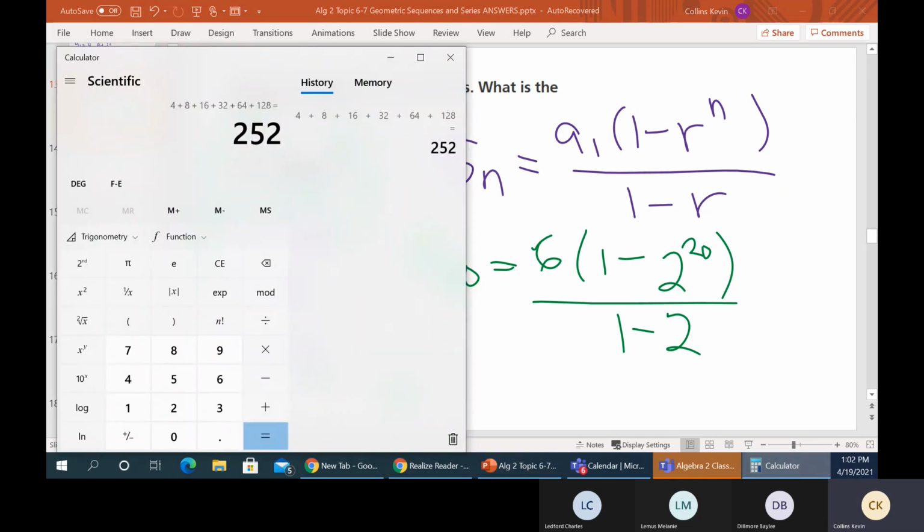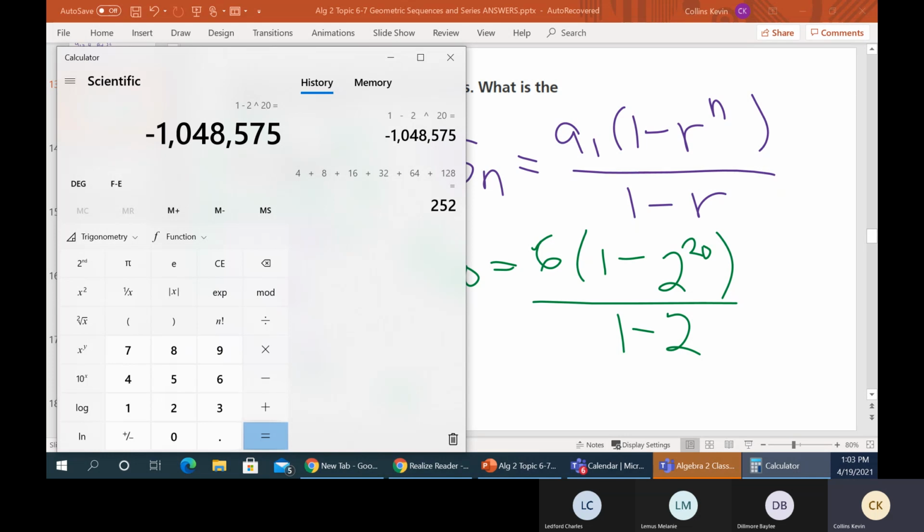So I'd start with the parenthesis part. So this is going to be 1 minus 2 raised to the 20th power, equals negative big number, BAN for short.